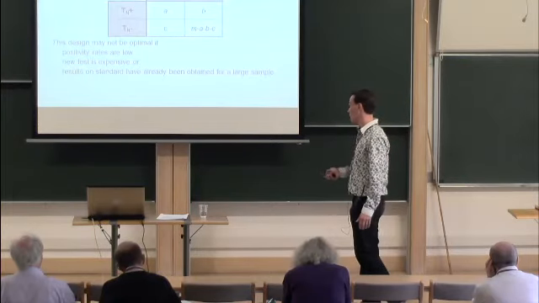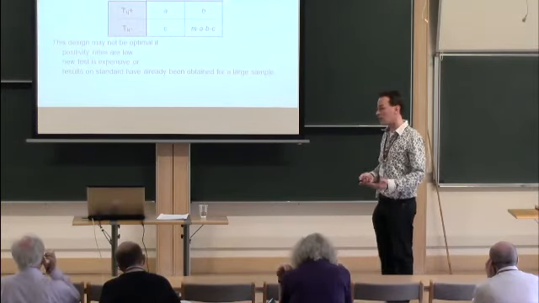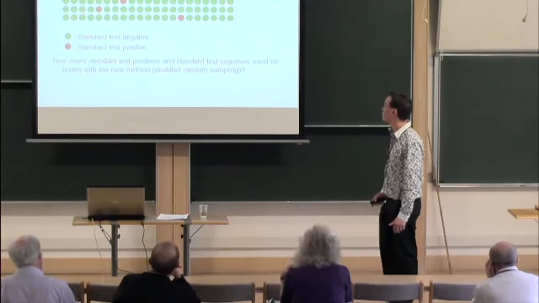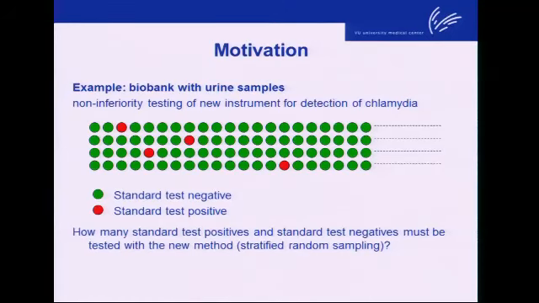And there are also many cases in which results on the standard test are already available. For instance, sometimes there may be a biobank with samples, and we see this more and more in medical research, that samples are stored for later use, if they're suitable for diagnosis with the new test.